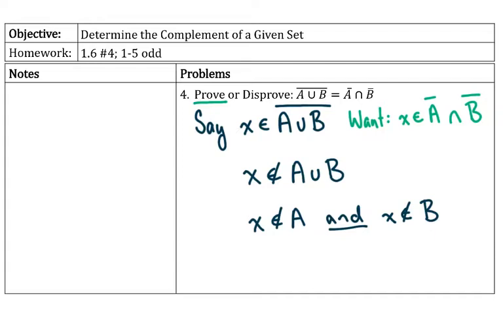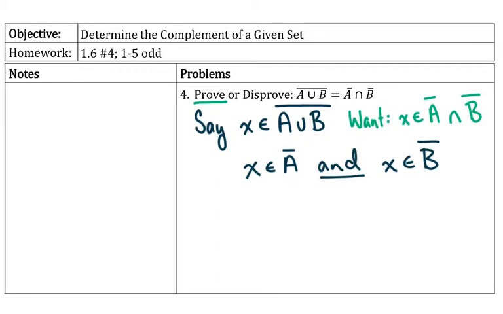So therefore, if x isn't in A and x is not in B, we can also say that x is in the complement of both of those. Because if it's not in A, then it's in its complement, and if x is not in B, then it's in the complement of B. Since we're using the word "and" here, that's the same as the intersection.